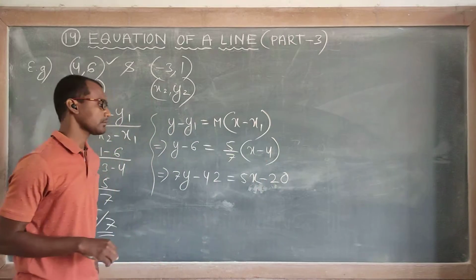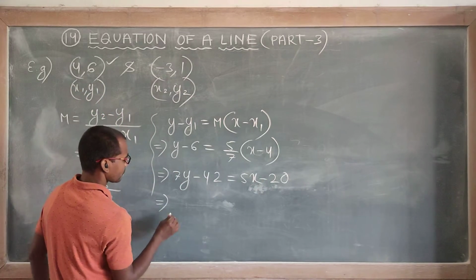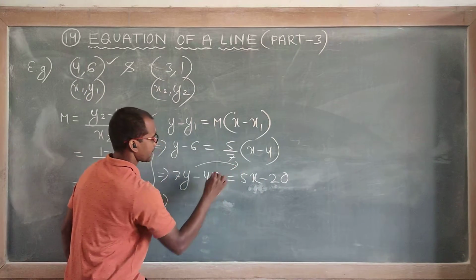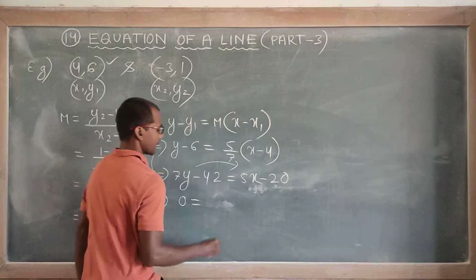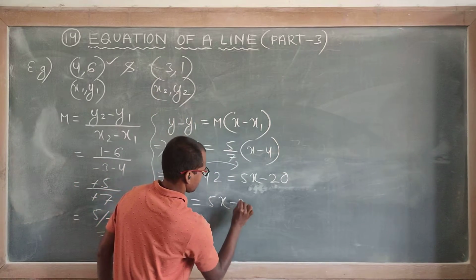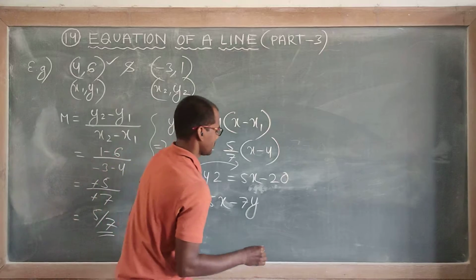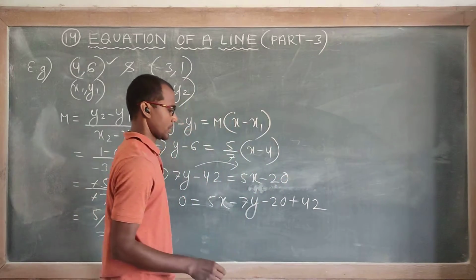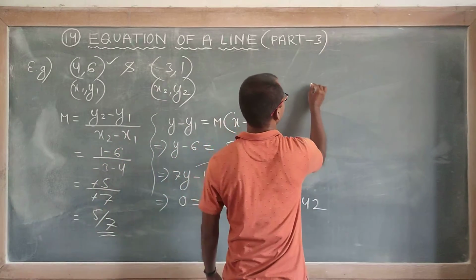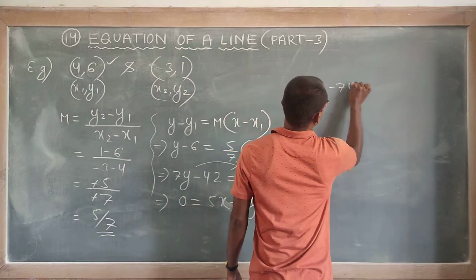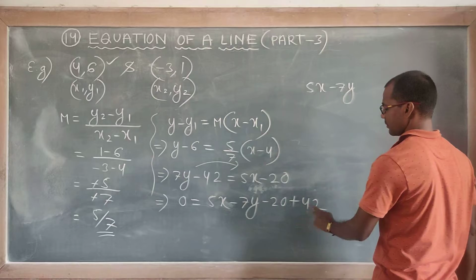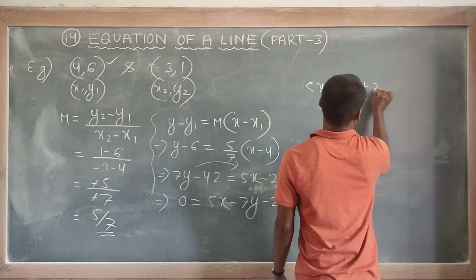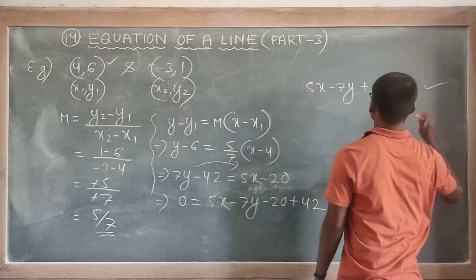Okay, so bring it to the standard form, everything to the right. 0 is equal to 5x minus 7y minus 20 plus 42. Or you can write 5x minus 7y plus 22 is 0.